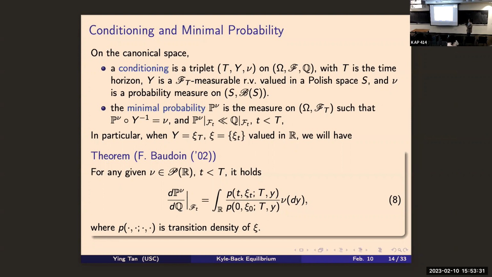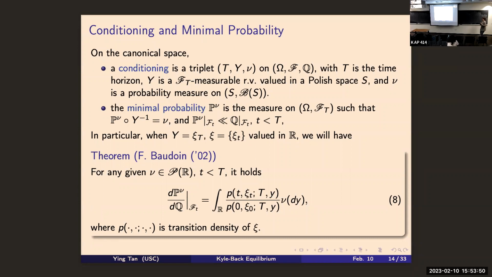We take C_T to be the random variable in the conditioning, and we get this P^nu under which the distribution of C_T is nu.